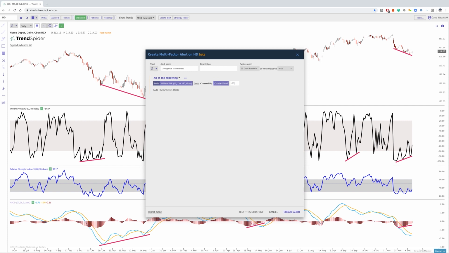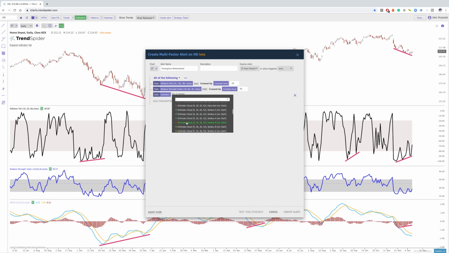The next one is the daily RSI, which is right here, the blue, which is the 10, crossed up through the constant level of 50, and then our final kind of confirmation there is finally the MACD fast. So we have MACD fast crossed up through the daily MACD slow here.